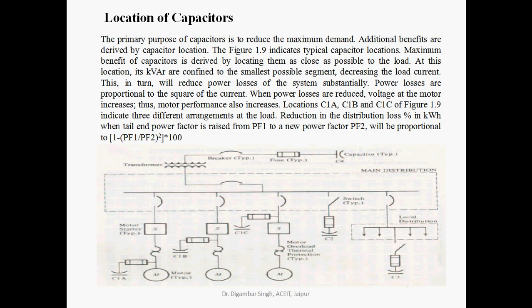At the loads, shown as motor 1, motor 2 and motor 3, the capacitor banks are added as C1A, C1B, C1C, that is, at the end of the load distribution.